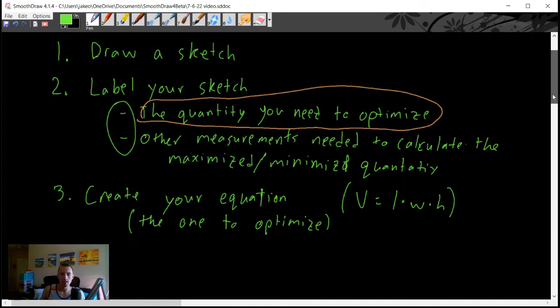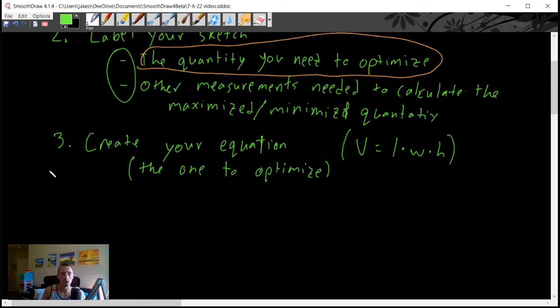Okay. Then you need to come up with another equation. Now this step is possibly optional. It really depends on what you get for step 3, your equation that you need to optimize.